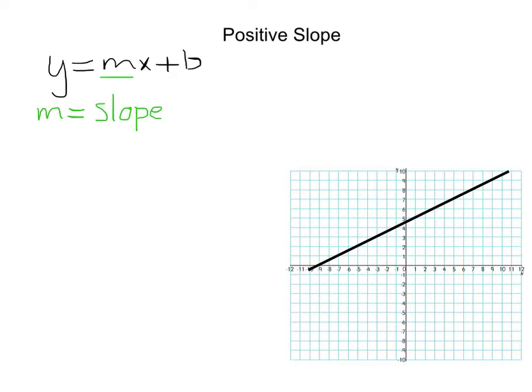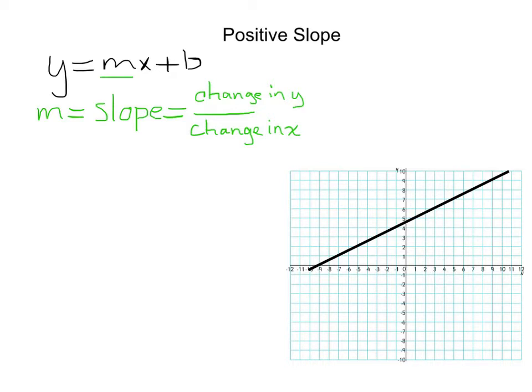It also means the change in y over the change in x. So let's write that in: change in y over the change in x. Okay, so that's what our slope is.